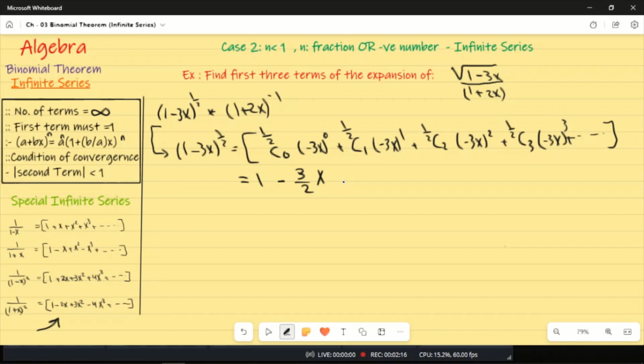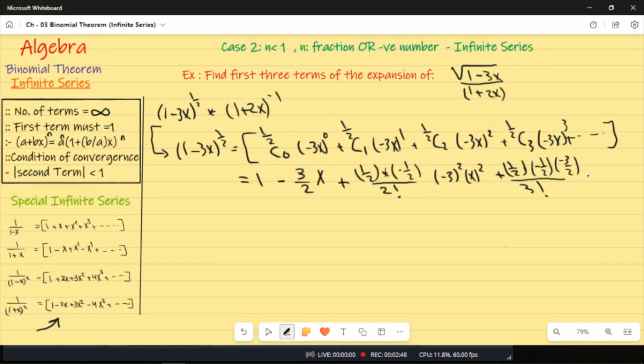Here we have plus half into negative half by factorial of 2 into 3 square x square, plus here we have half by negative half by negative 3 by 2 by factorial of 3 into negative 3 power 3 here cubic x plus our completion.